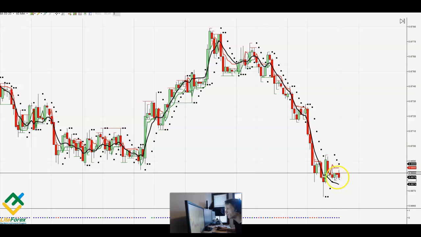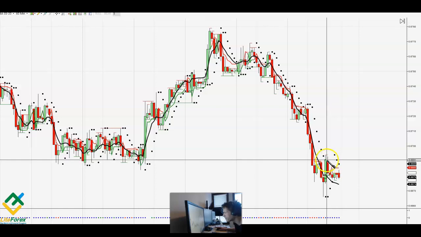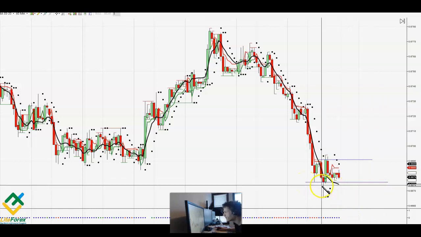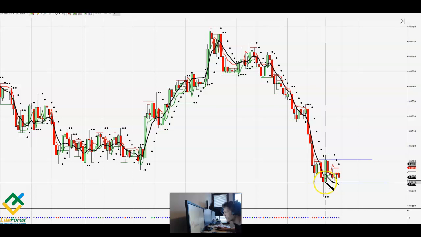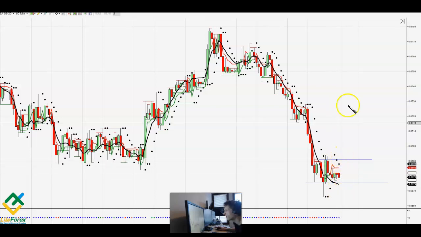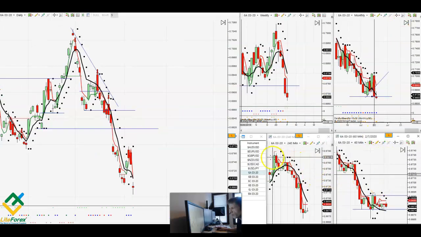So I would wait for price to break some of these ranges, 66.90, and then you've got to look at 66.76. You can see we got some support around that price, 66.76, and some resistance around the top of the range, 66.90, 91. So I would wait for it to break one way or the other.